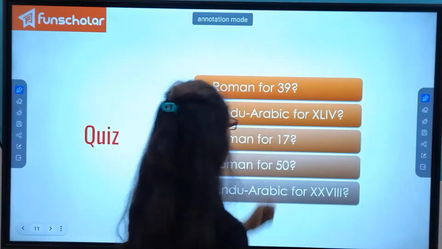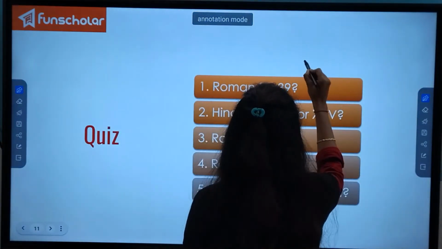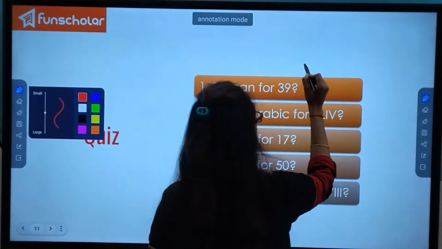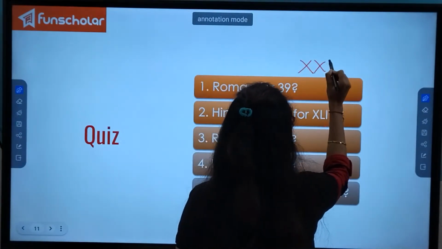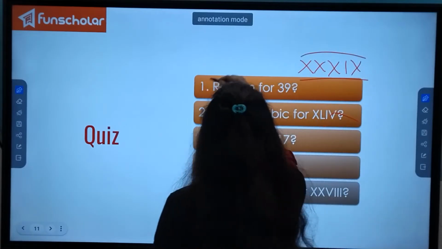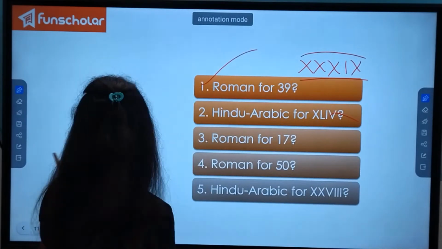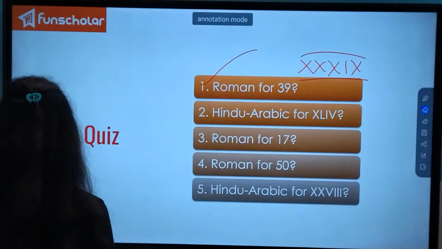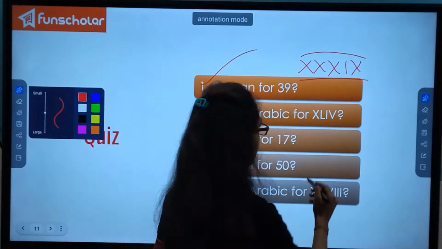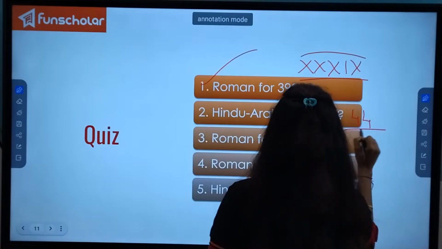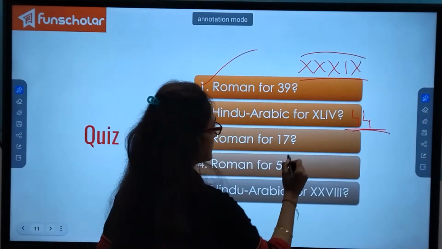So, Roman numeral for 39. How will you write 39? 30 and 9. Done. 39. Hindu-Arabic number for XL4. XL represents 40 and this is 4. So 44. Roman numeral for 17.